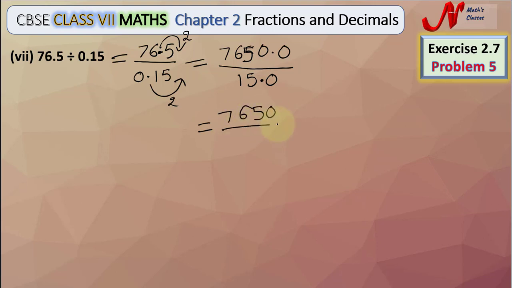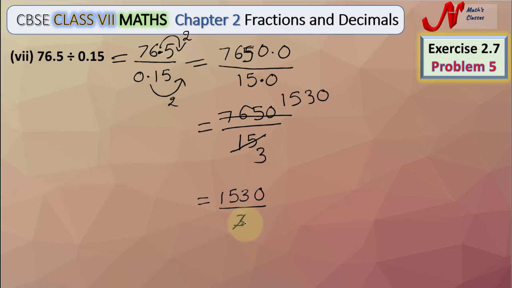It can be written as 7650 divided by 15. By cancellation, 5 threes are 15, 5 ones are 5, 2 remaining, 5 fives are 25, 1 remaining, 5 threes are 15 and 0. So it can be written as 1530 by 3.